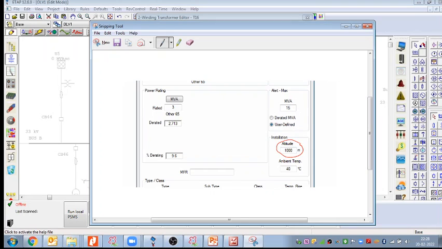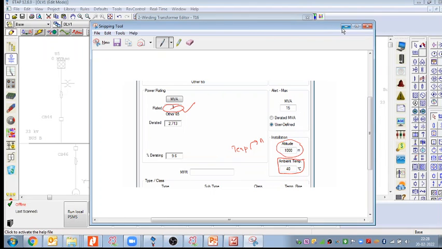Please check at which ambient temperature the current rating or power rating is mentioned, and that value should be as per your project ambient temperature. So please check the temperature against that current value or power value.